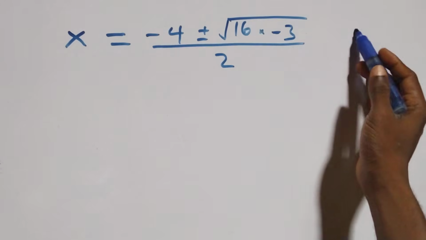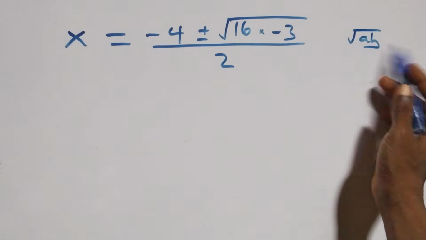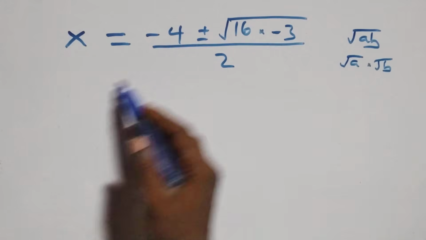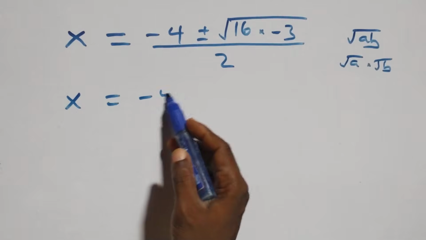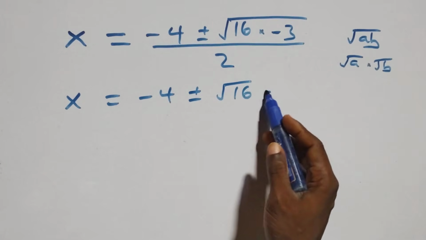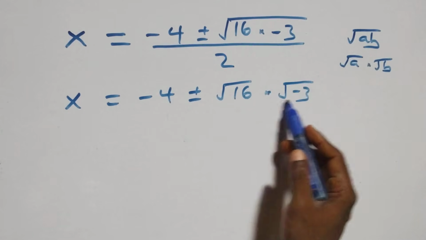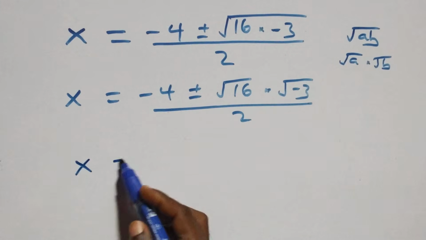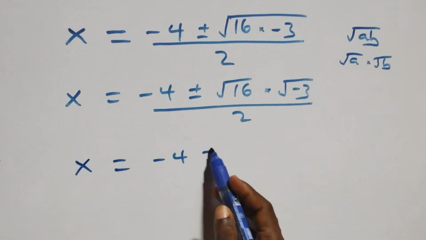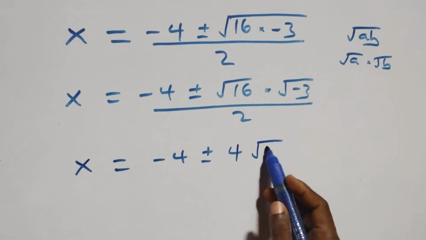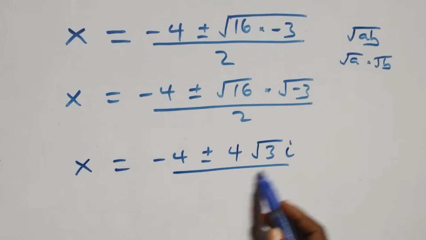This follows when we have root a times b, which you can write as root a times root b. Then we have x equals minus 4 plus or minus root 16 times root minus 3 all over 2. That is, x equals minus 4 plus or minus root 16 as 4, with root minus 3 the same thing as root 3i, all over 2.